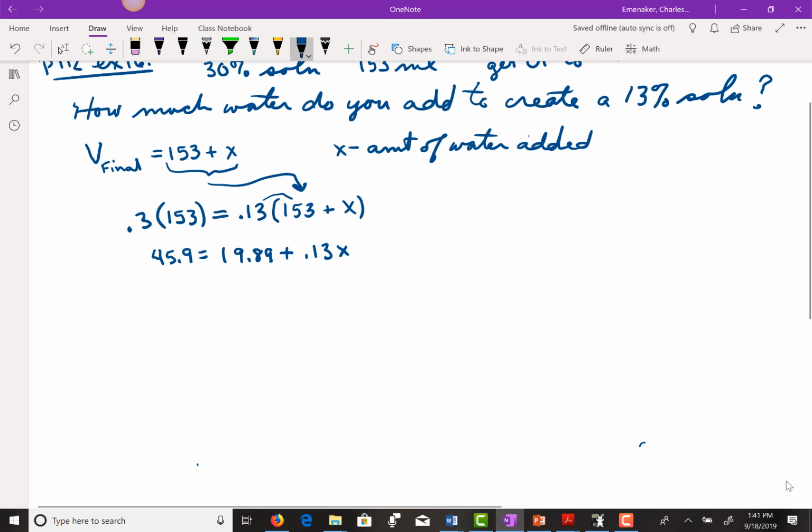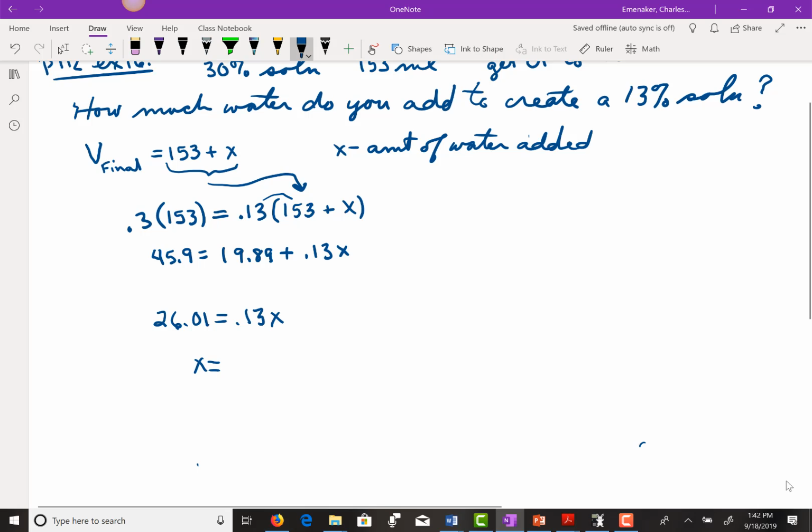So far, so good? Now what we got to do is solve for x. I'm going to subtract the 19.89 from each side, which will give, I'm going to do that by calculator, 45.9 minus answer, looks like about 26.01 equals 0.13x.